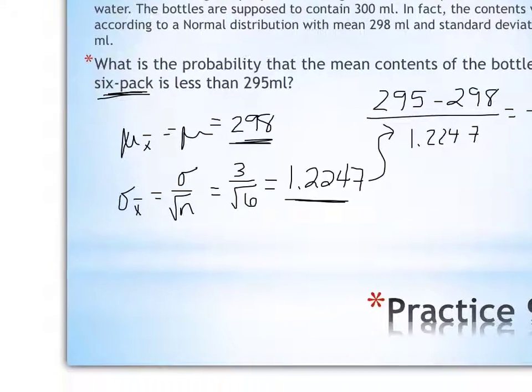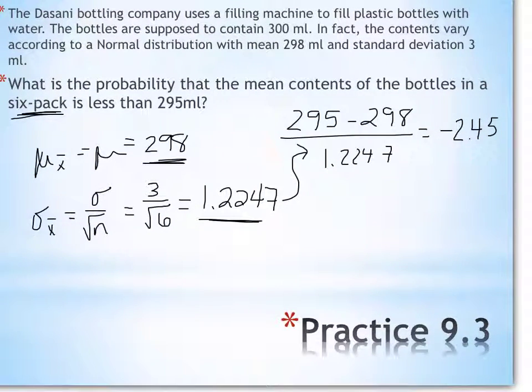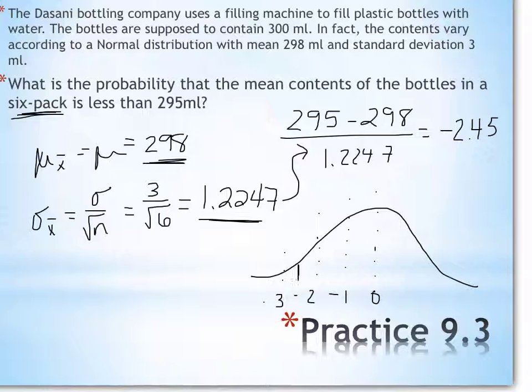and I'm going to draw my curve for this. Now it says -2.45. I'm going to say that's about here. Do I shade to the right or to the left? Well, they said less than 295.